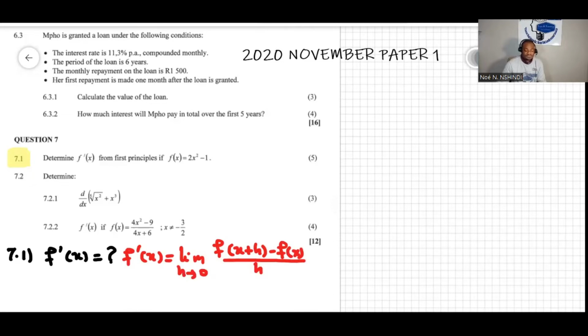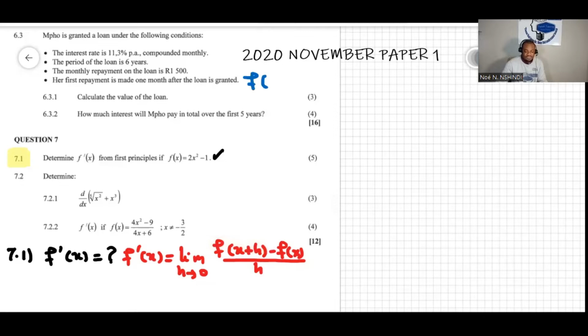Now, we do have f of x already given. I prefer to work it out separately, I think this way is much more helpful. I'm going to do f of x plus h first.